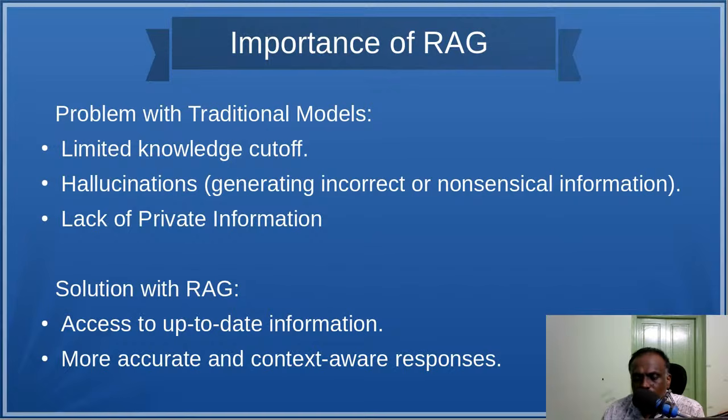As I explained, hallucinations occur only when the relevant data is not available in the trained data for the specified question, right? So again, at the end of the day, it is lack of data, similar to the first one. The third one is also lack of private information. Obviously, it's lack of data, right? LLMs do not have private information data. So all these three things end up with only one problem, that is lack of data.